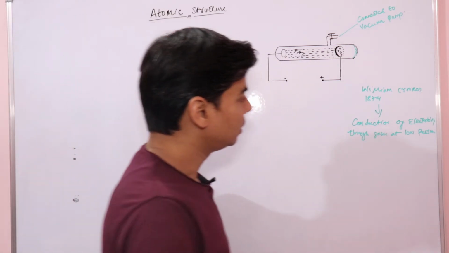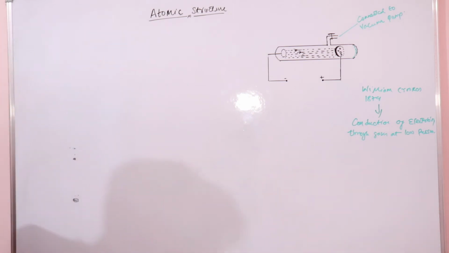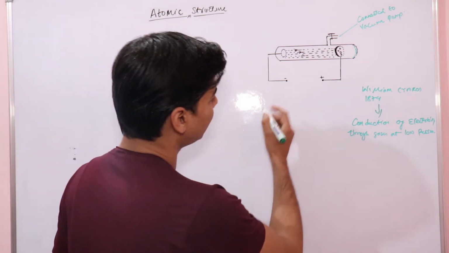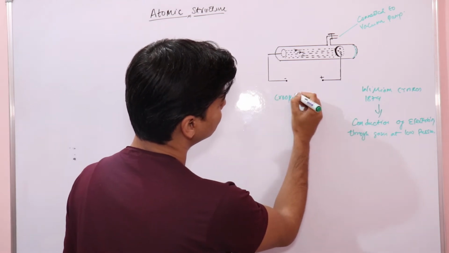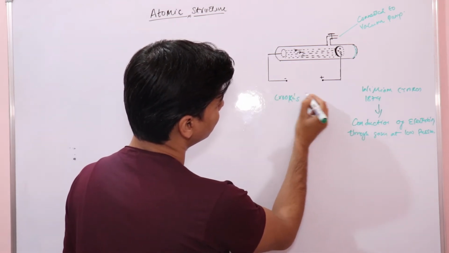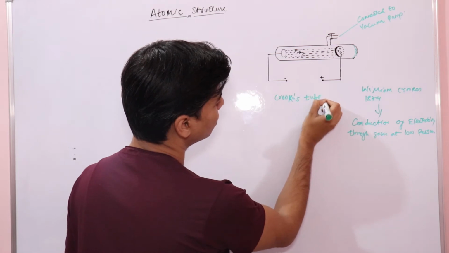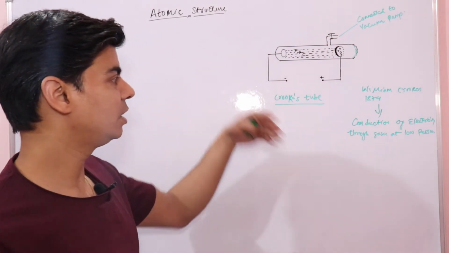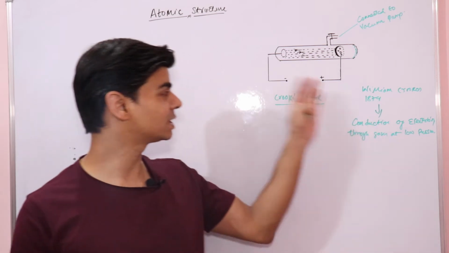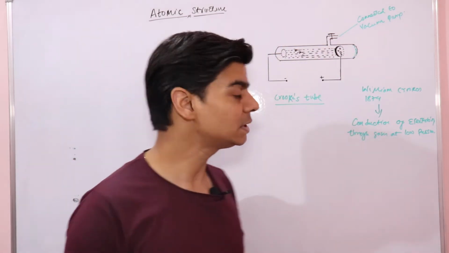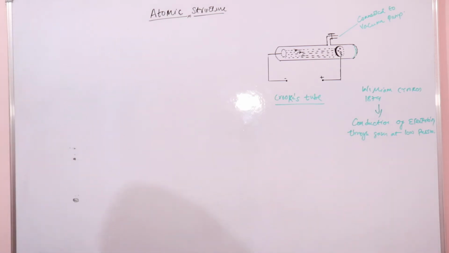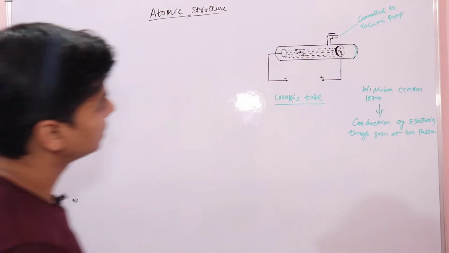We also call this Crookes tube, because William Crookes used this experimental setup of tubes. Now just look at the experimental setup.